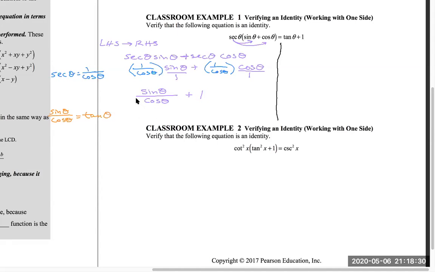So we're going to replace this with tangent theta and keep the plus 1. And that is equivalent to the right-hand side here. See how they're exactly the same? That's what you're looking for.